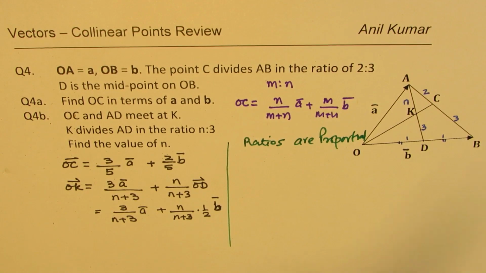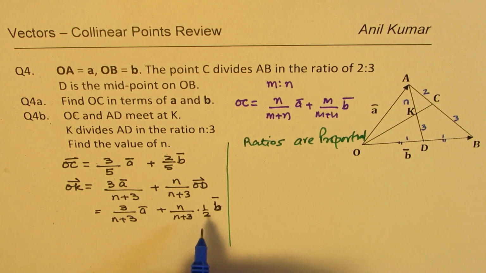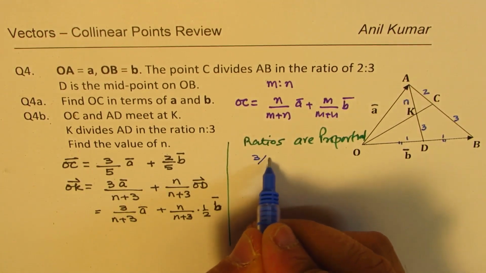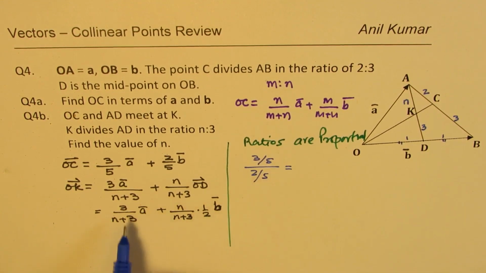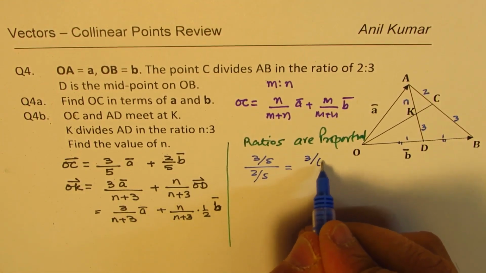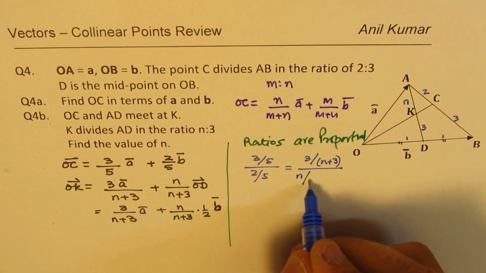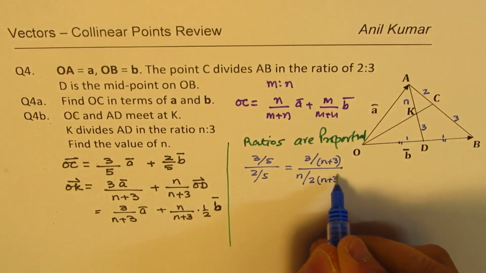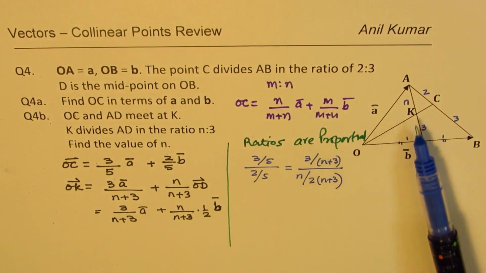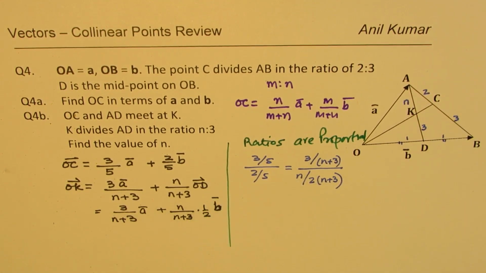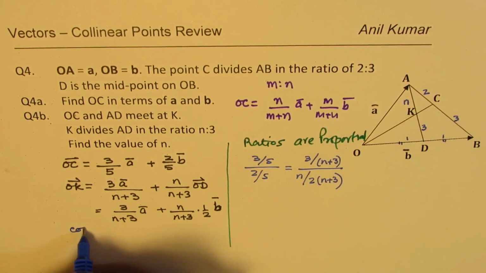So 3 over 5 divided by 2 over 5 should be equal to 3 over n plus 3 divided by n over 2 times n plus 3. This ratio should be the same, only then they are in the same line. They are scalar multiples, since O to C and O to K are collinear.